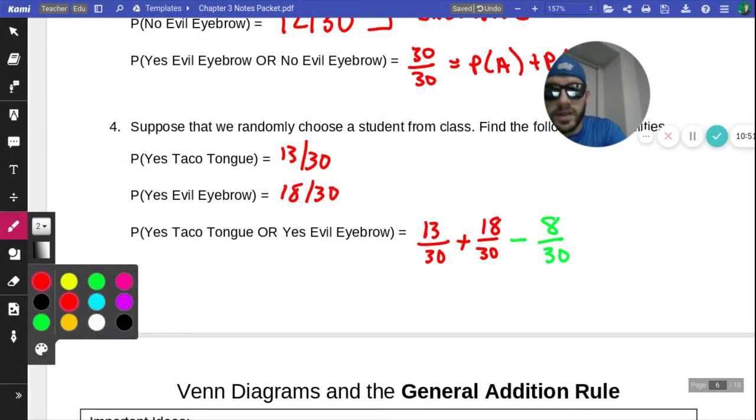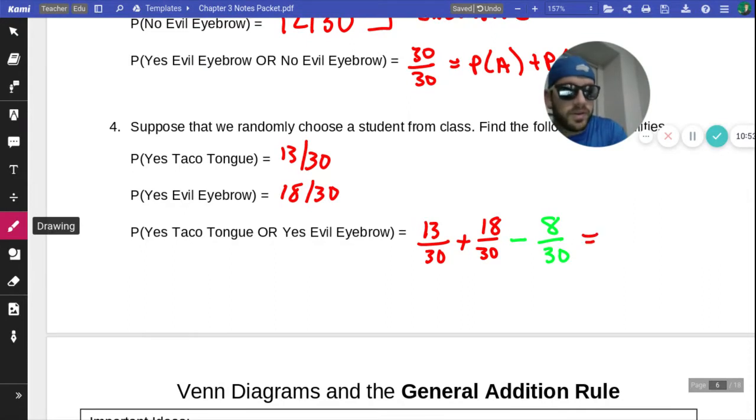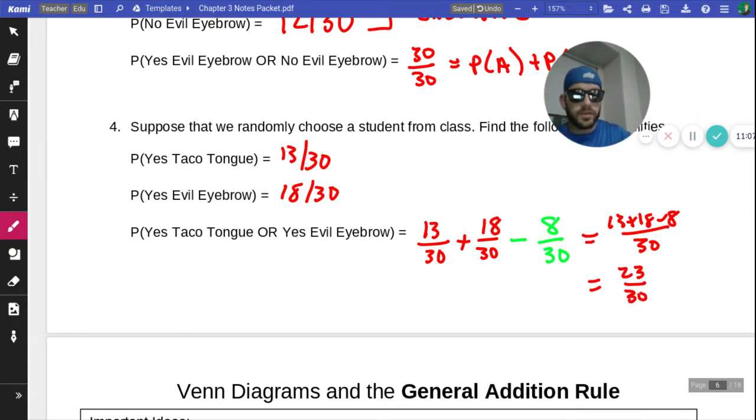So 13 plus 18, that's 31. Take away 8, 13 plus 18 minus 8 over 30. That's going to give us 31 minus 8 is 23 out of 30. So 23 people out of the total of 30 can either say yes taco tongue, yes evil eyebrow, or both.